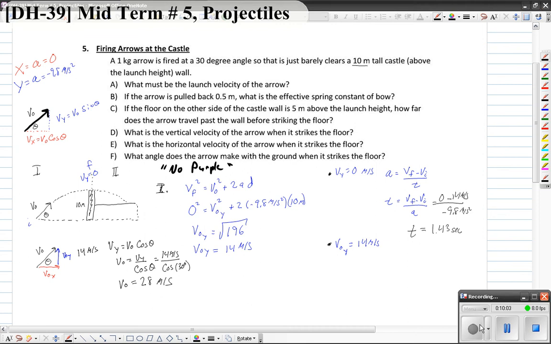Oh, wait a minute, I'm falling asleep at the wheel. For the y component, it's the opposite side. We're going to use sine.